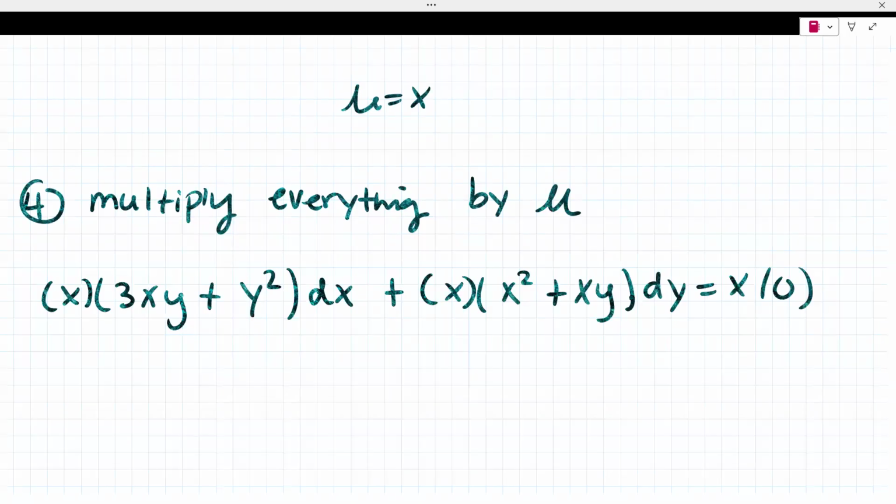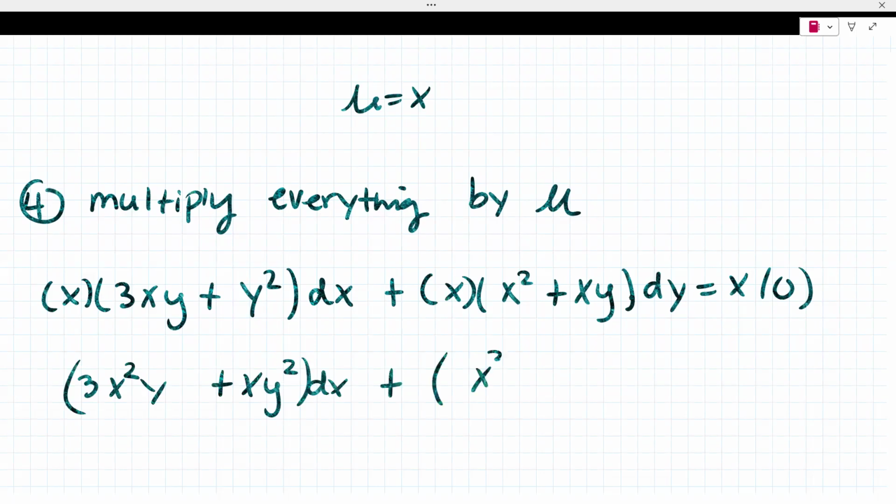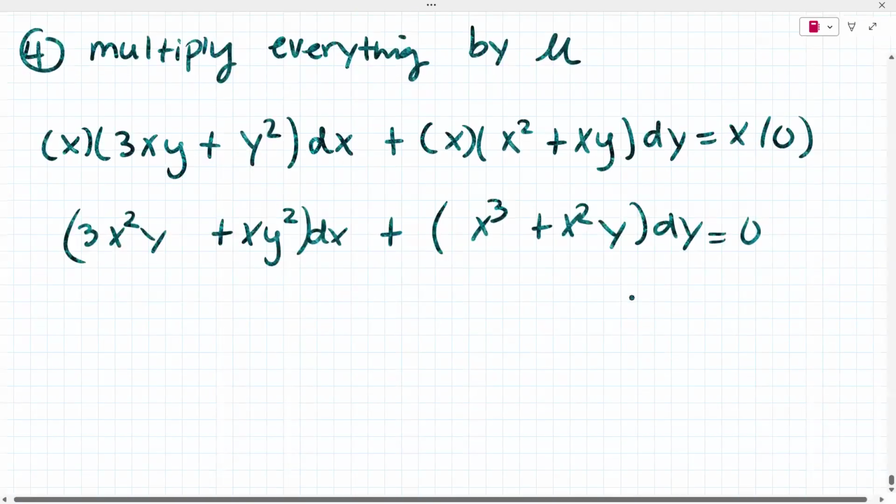So when you FOIL this x out, it's going to be (3x squared y plus xy squared) dx plus (x cubed plus x squared y) dy equals 0. So this whole thing is your M, and this whole thing is your N.